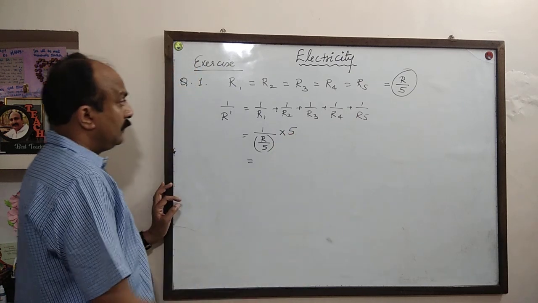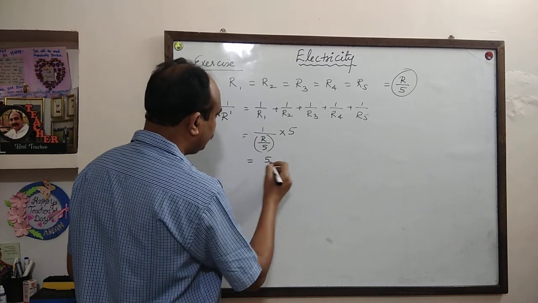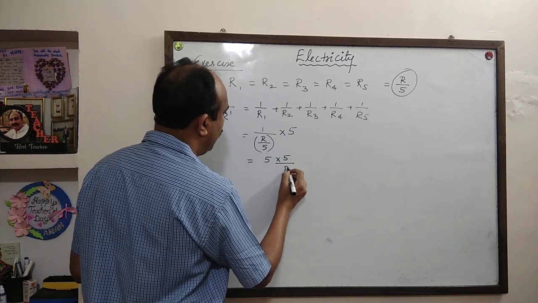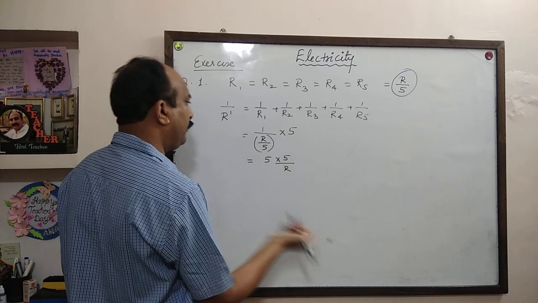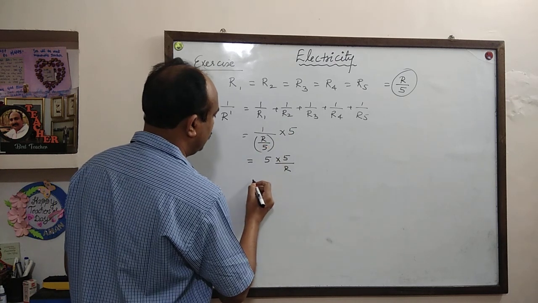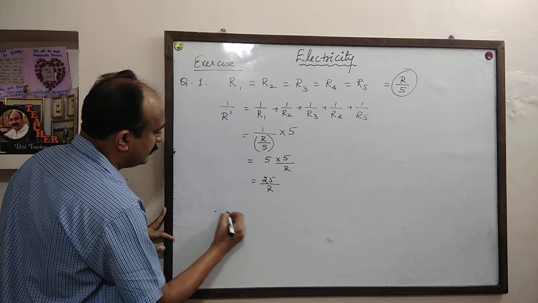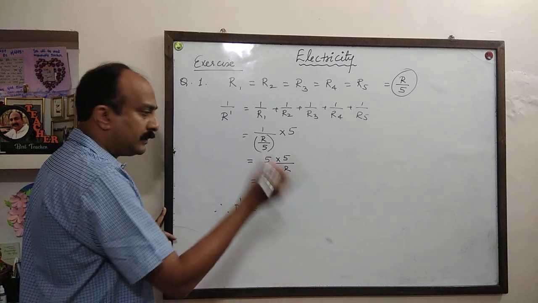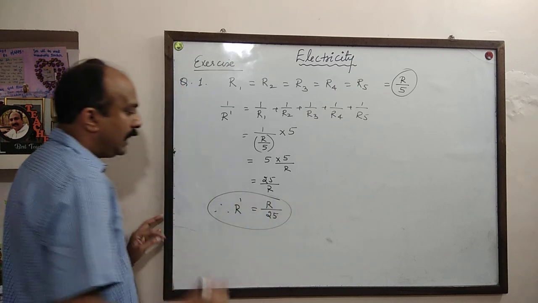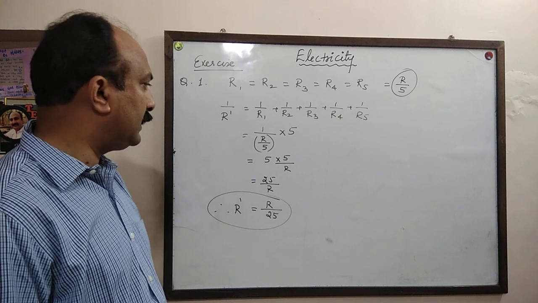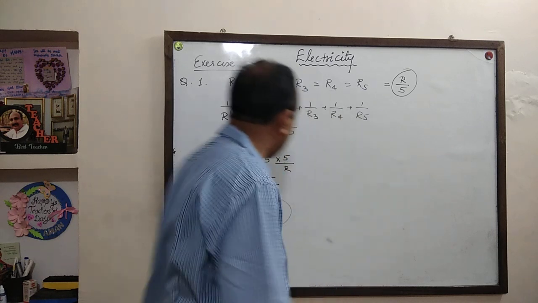This is 1 upon R dash, which is 5 into 5 upon R. Multiplying by the reciprocal, 5 upon R, this is 25 upon R. So 1 upon R dash is 25 upon R. Therefore R dash is equal to the reciprocal, R upon 25. Now we have to find the ratio R upon R dash.